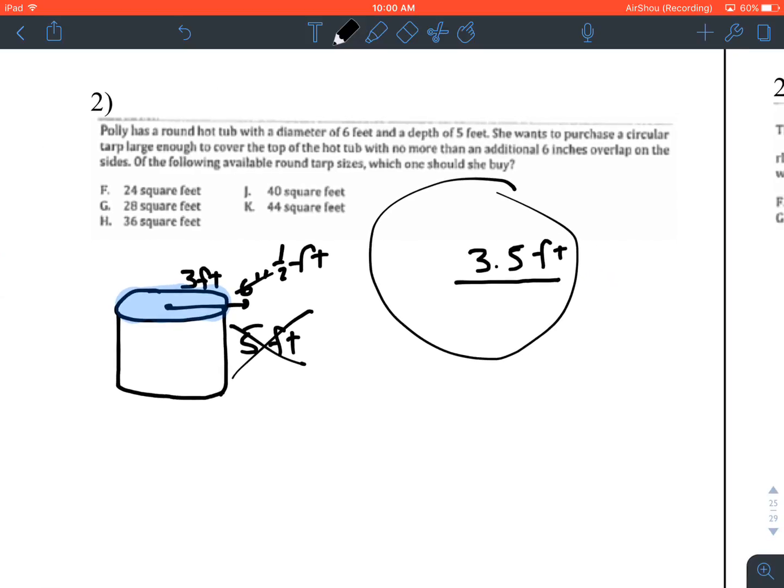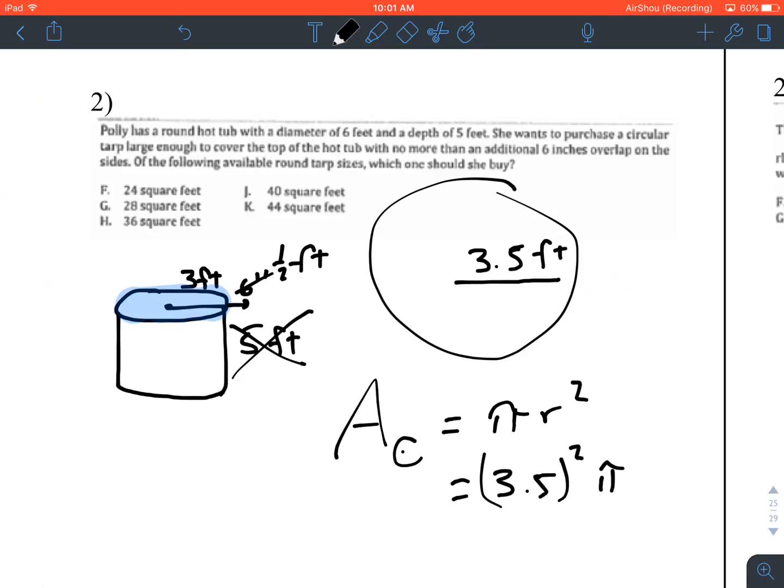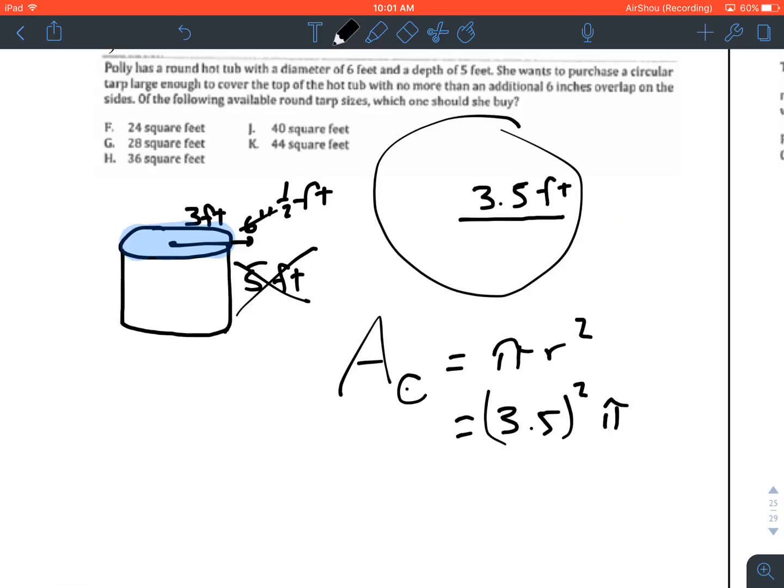So, to find the area of that circle, it's pi r squared. If we put 3.5 in for r, put that into our calculator, 3.5 squared times pi, we end up with about 38.